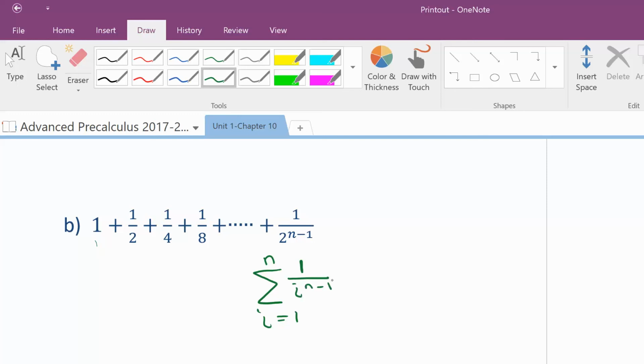And you can test it out. Like if you put in 1, well 1 minus 1 is 0, 2 to the 0 is 1, 1 over 1 is 1. If you put in 2, 1 over 2 to the 2 minus 1. So 1 over 2 to the first is 1/2. So it all works.